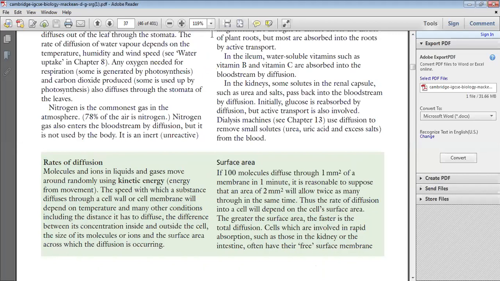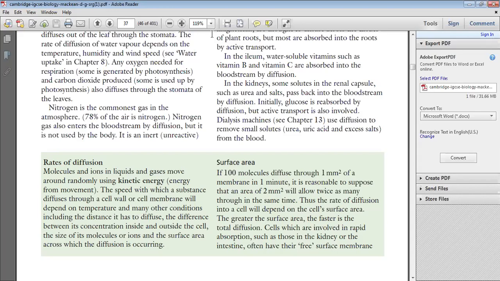Rate of diffusion. Molecules and ions in liquids and gases move around randomly using kinetic energy, energy from movement. The speed with which a substance diffuses through a cell wall or a cell membrane will depend on temperature and many other conditions, including the distance it has to diffuse, the difference between the concentration inside and outside the cell, the size of its molecules or ions, and the surfaces across which the diffusion is occurring.